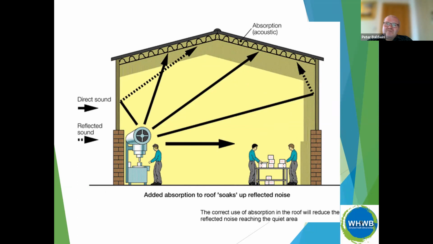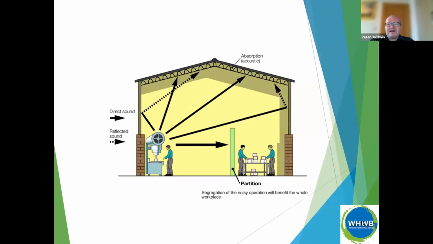And that means the workers in this quiet zone on the right hand side are only going to be affected by the direct noise transmission, because you cut off all the reflected sounds. However, you might find that doesn't really give enough noise reduction at that quiet workplace. So what you can do on this next slide is put up a partition or a barrier.